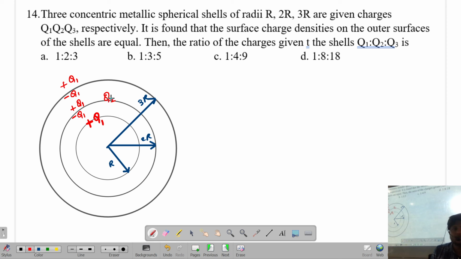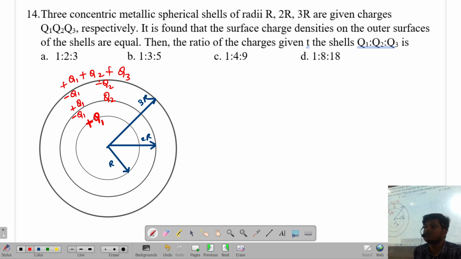Due to the Q2 charge which I have given on the second sphere, minus Q2 will develop on the inner surface of the third, and plus Q2 comes over here. With that I have given plus Q3, yes or no?